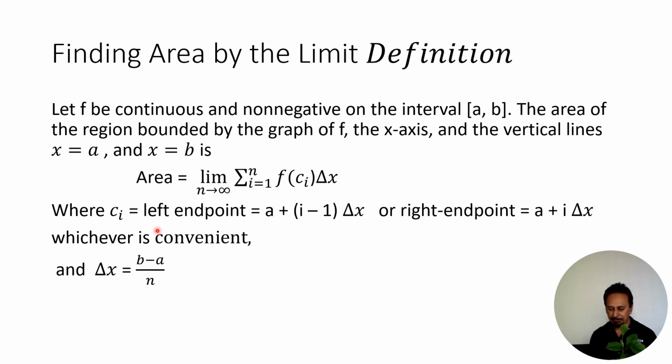Okay, so what is c sub i? c sub i is the left-hand point, and I have to remember left-hand point. You can write this formula: a plus (i minus 1) times delta x. Or you can write c sub i as the right-hand point, and that should be what? a plus i times delta x. And what is the delta x? Delta x is the width, and its width depends on how many rectangles you want to draw.